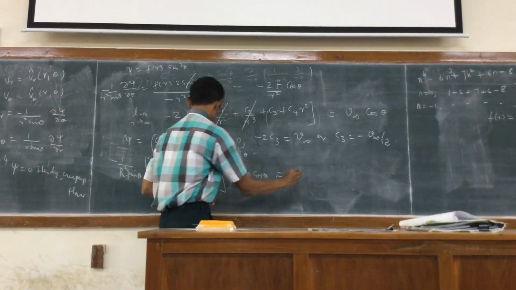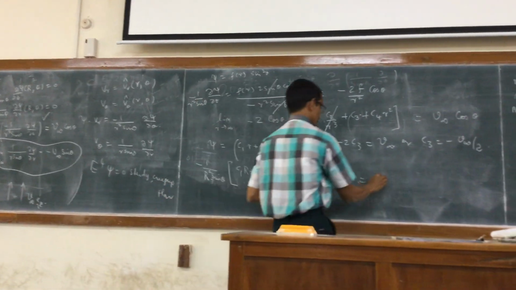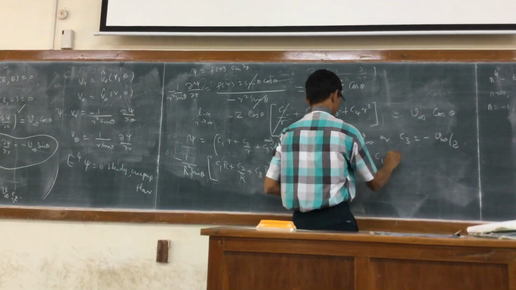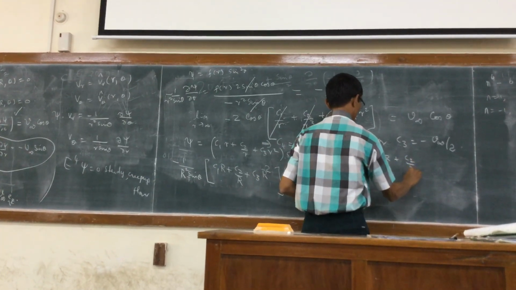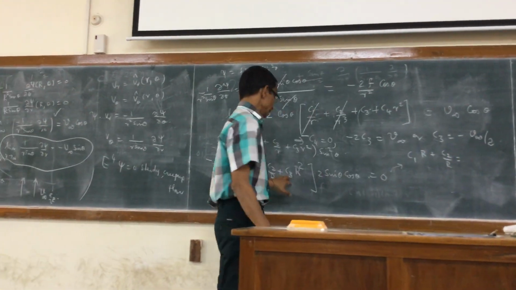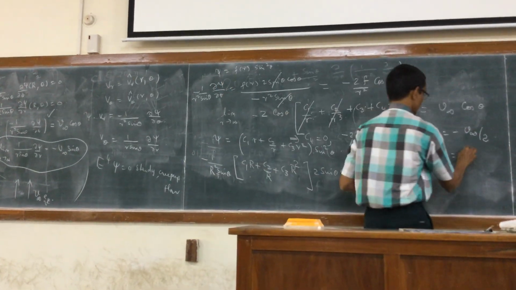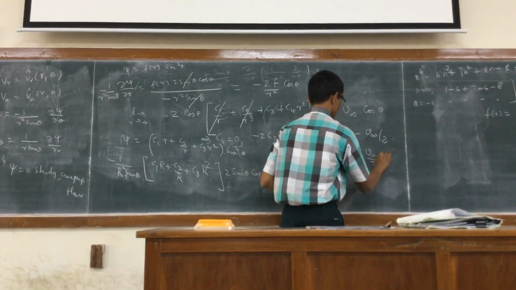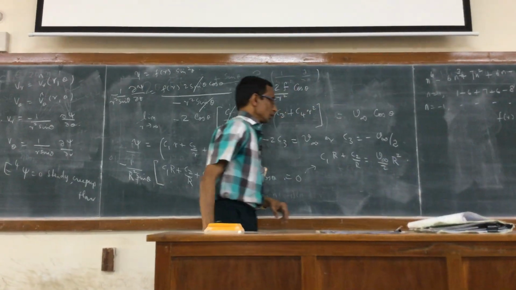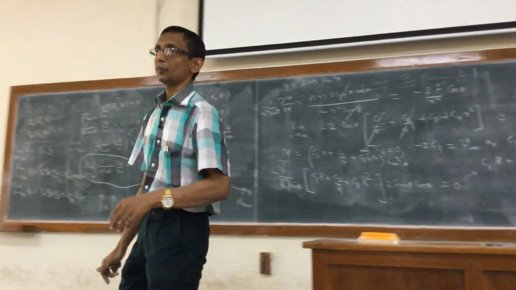Which would mean that C1 R plus C2 by R is equal to minus C3 R square, where C3 I have determined. That's one equation for C1 and C2.